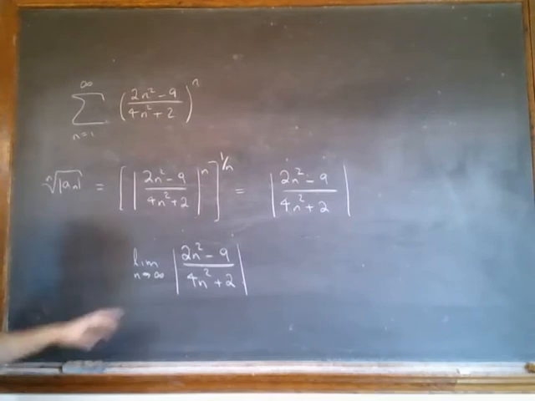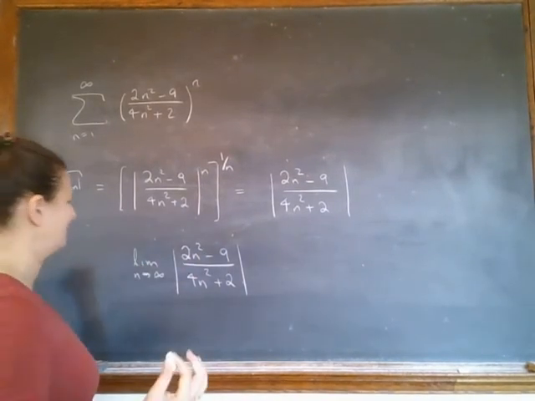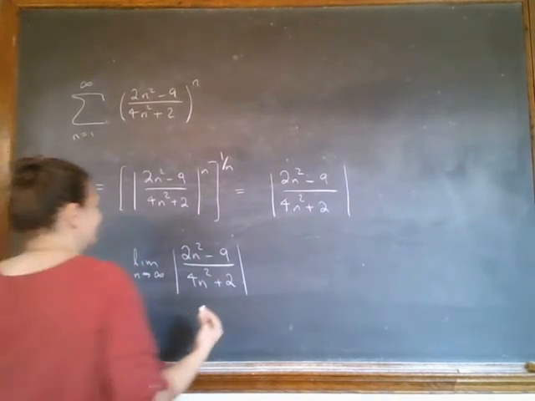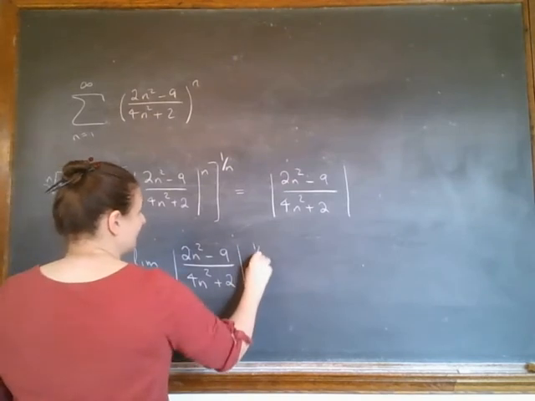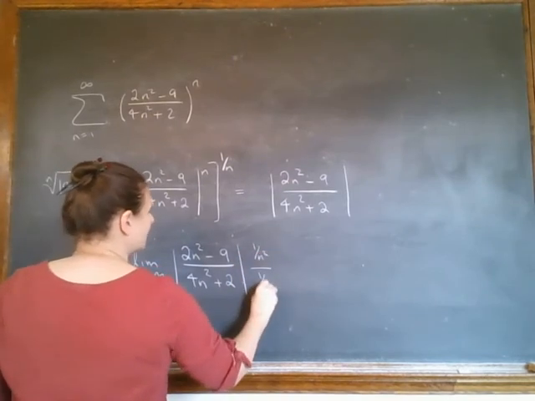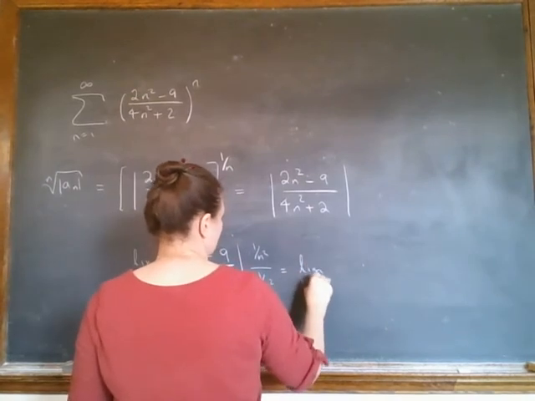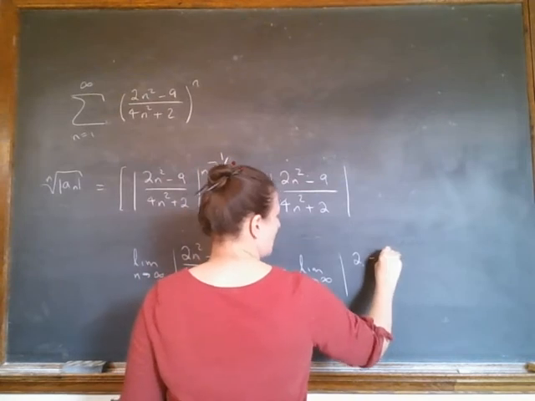I'm interested in n going to infinity, so the fact that the first couple of terms are negative isn't going to make a difference. So the absolute value here isn't going to make a big deal because I'm going to have the same thing as I always do.